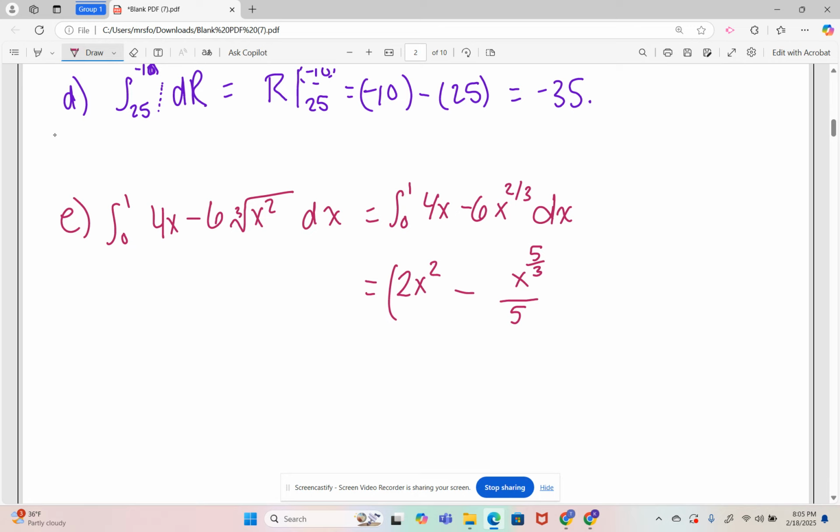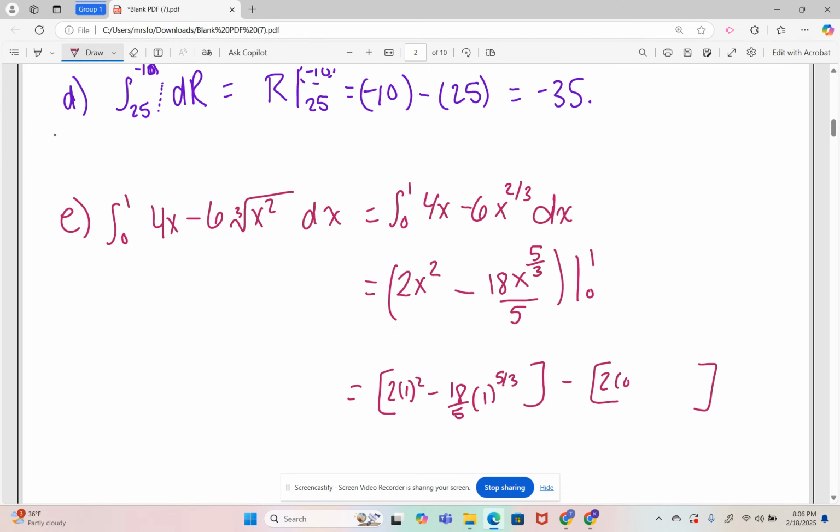And so 6 times 3 is 18. And we're going to do the interval from 0 to 1. Then we substitute in. And then substitute in the 0.